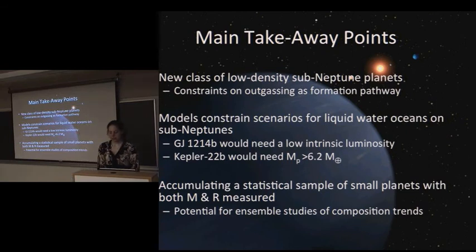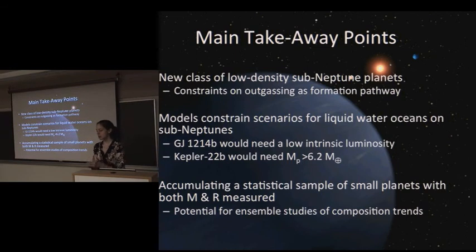That's an excellent question. Right now, in my models, I'm just keeping that intrinsic luminosity as a parameter. Because in effect, a lot of simplifications and assumptions that I can get away with when studying the mass and radius relationship for planets do come to bear when considering the thermal evolution.